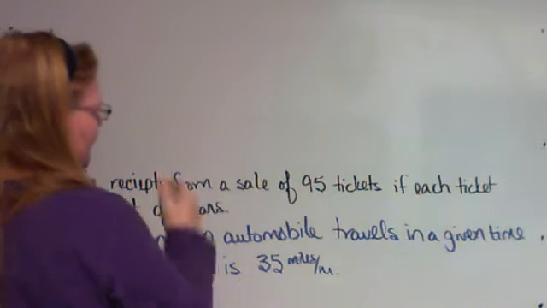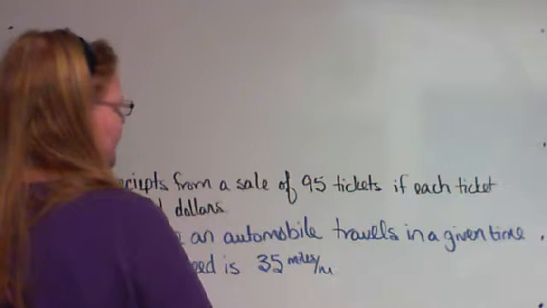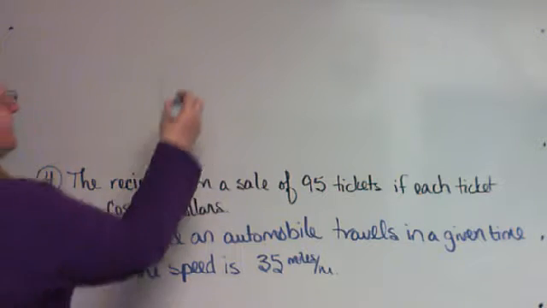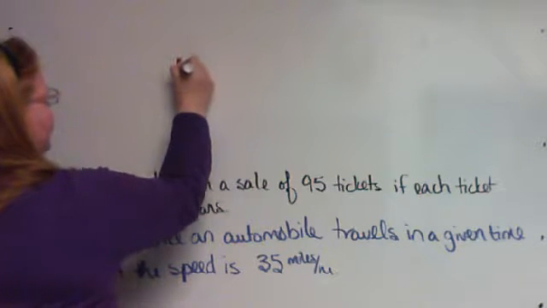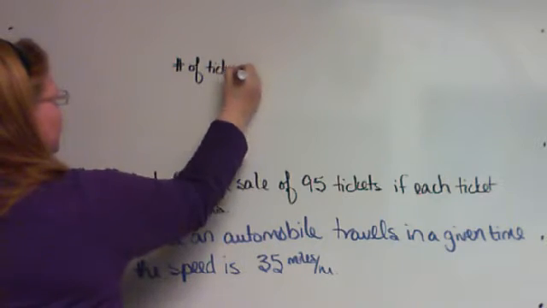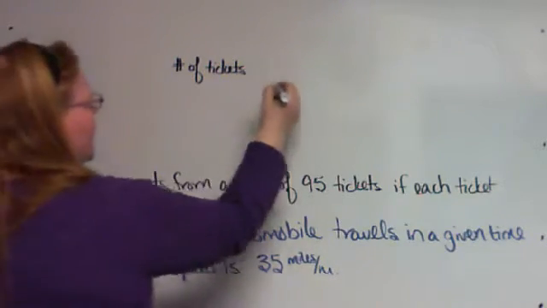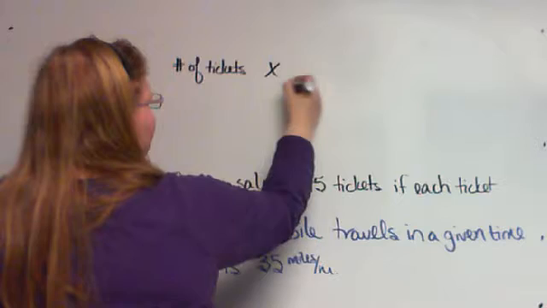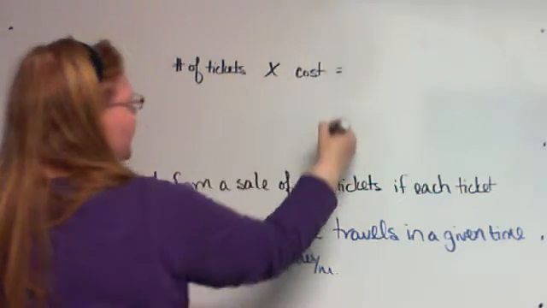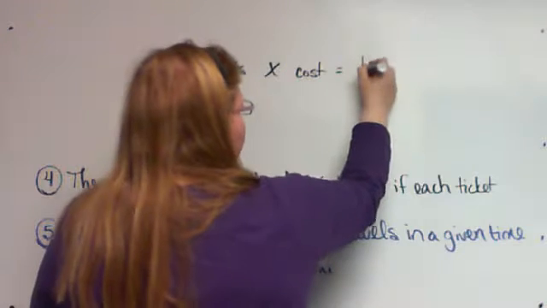The receipts from a sale of 95 tickets if each ticket costs $D. So we can take our number of tickets and multiply that by the cost, and that'll equal our total receipts.